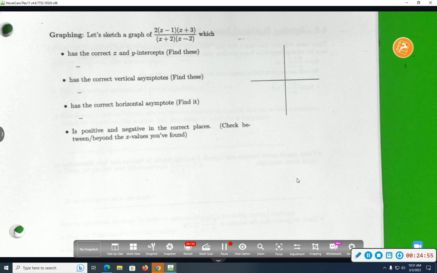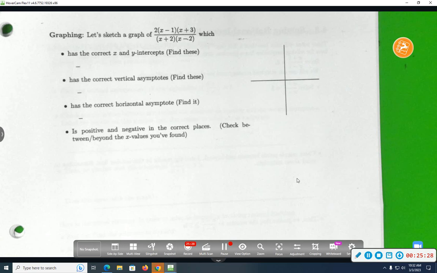Because negative times a negative is positive, and then a negative divided by a positive is a negative. Excellent. You can do it by literally just plugging things in.